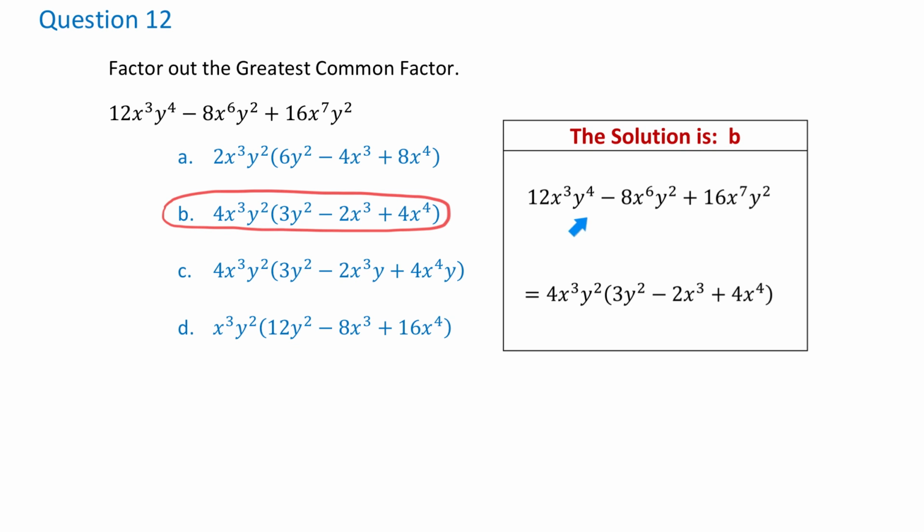We have a polynomial that has 3 terms and each one contains a number. Then first, we need to find the largest number that goes into 12, 8, and 16. This number is 4. Next, each of these terms contains both x and y. If they have different exponents, then we need to factor out each variable with the smallest exponent.